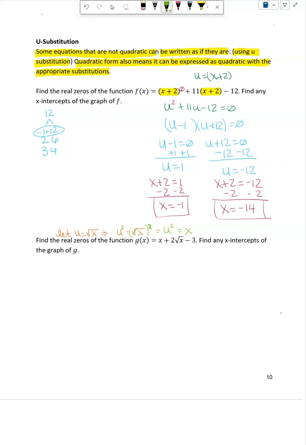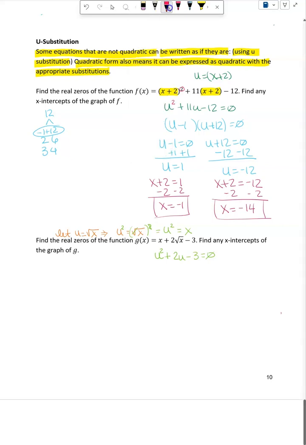Okay. So since x equals u squared, we're going to put u squared in place of this guy, alright? So now he is equal to this. And this square root of x is still u. Minus 3 equals 0. Now this is something that you can easily factor.